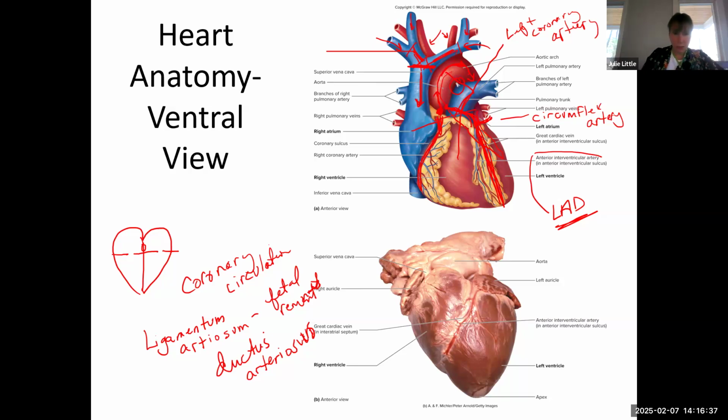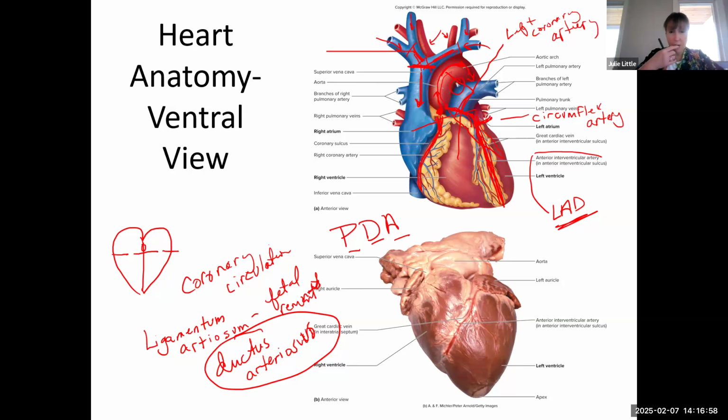And that ductus arteriosus, if you are born and it is still open, is called a PDA, patent ductus arteriosus. That needs to be fixed faster than a PFO. You can fix a PFO, patent foramen ovale, quite easily.